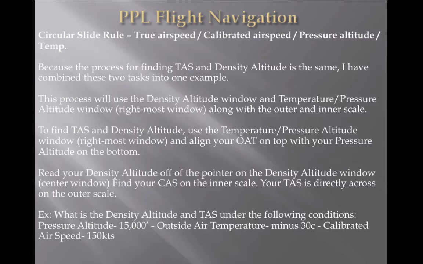We'll set 0 over the 15,000 feet mark, and then once we've got that, we'll move it a little bit further around in an anti-clockwise direction to get the -30.